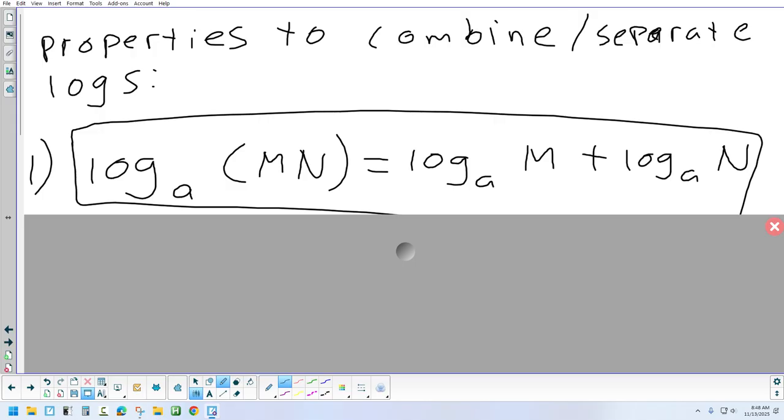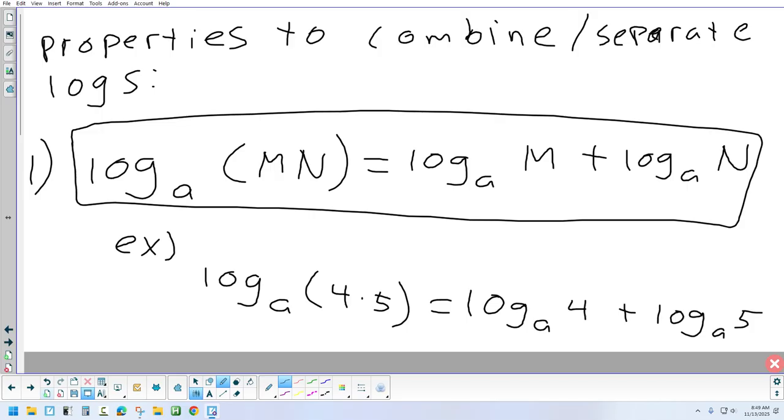So this says that log base A of m times n equals log base A of m plus log base A of n.